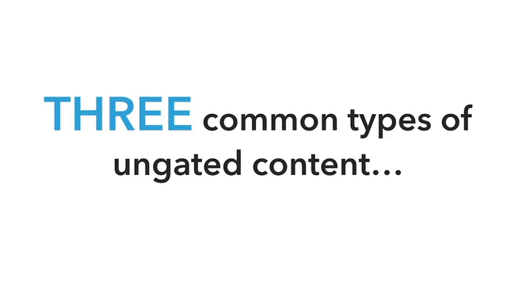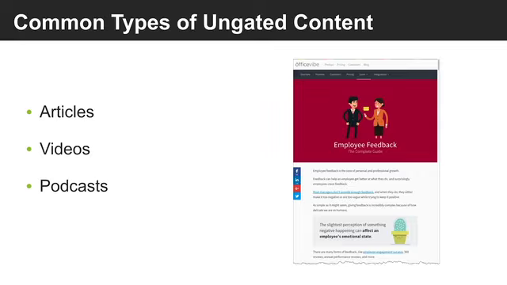Three common types that we'll be looking at are articles, videos, and podcasts. On the right here, you can see a piece of content from Office Vibe. They do a great job of cold traffic content marketing, or ungated content marketing. This is a big, long, complete guide to employee feedback.